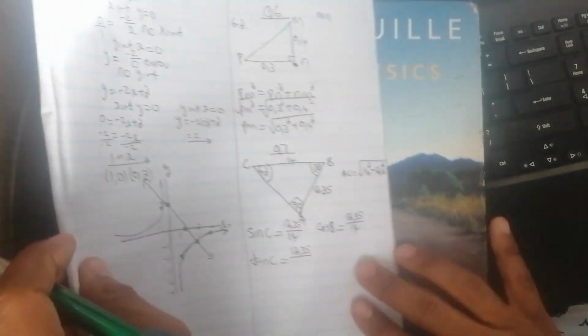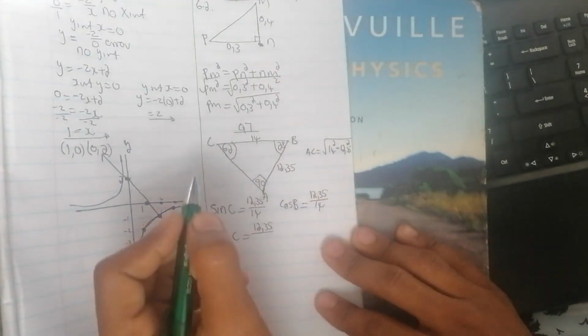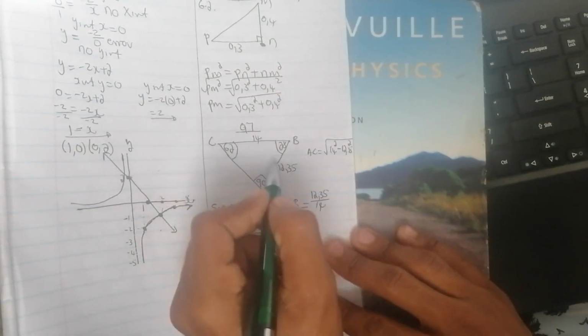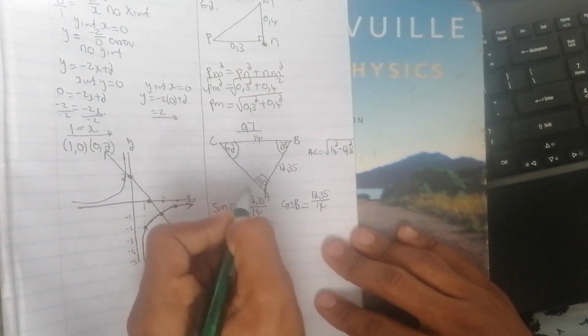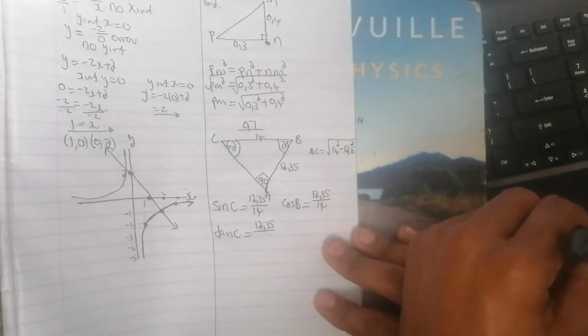We don't have to do a lot of things there, right? So tan, it's opposite over adjacent. You just find that value there, right?